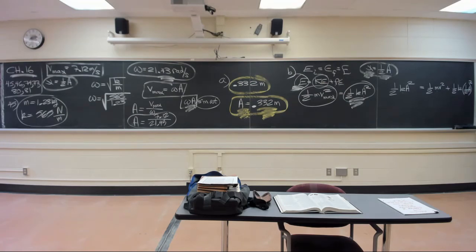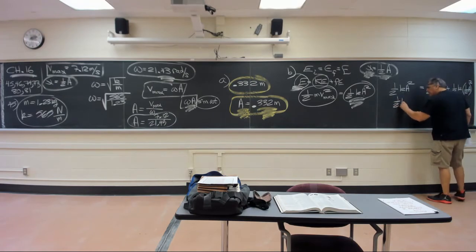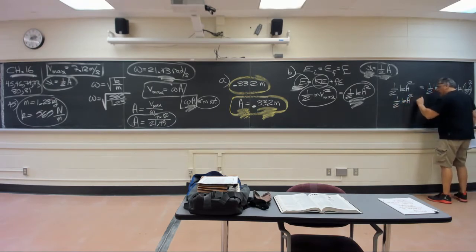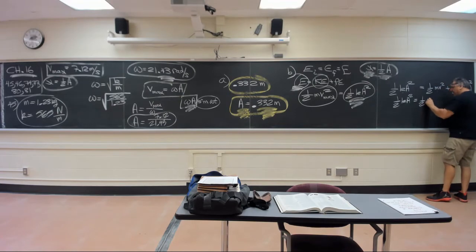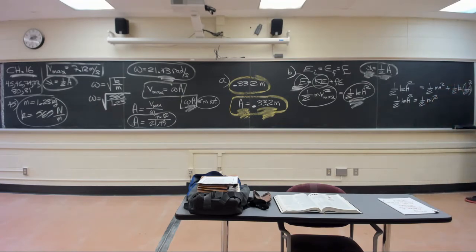Let's see what I can do. 1/2 k A squared, 1/2 m v squared. There are these halves all over the place, guys. You square this, there's a quarter here, and there's an A squared here.